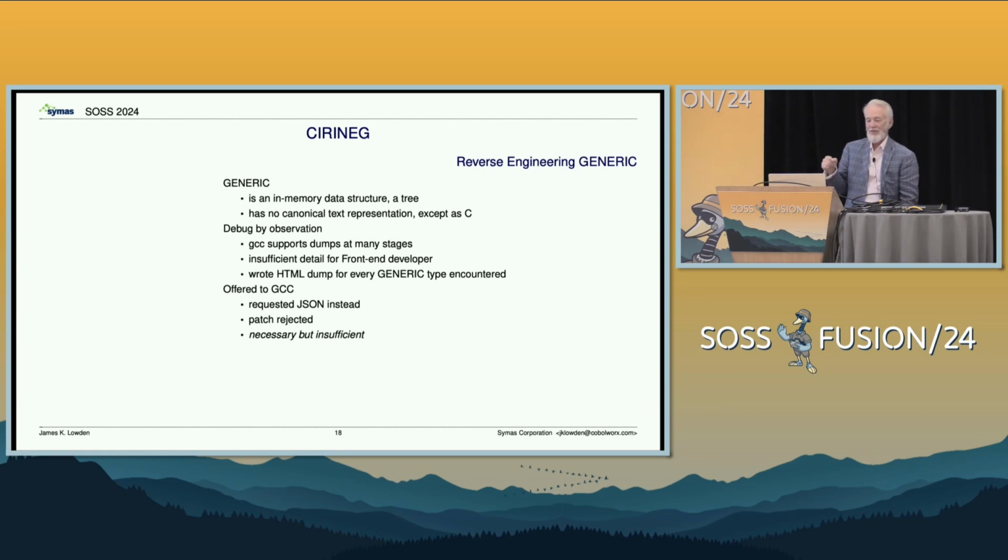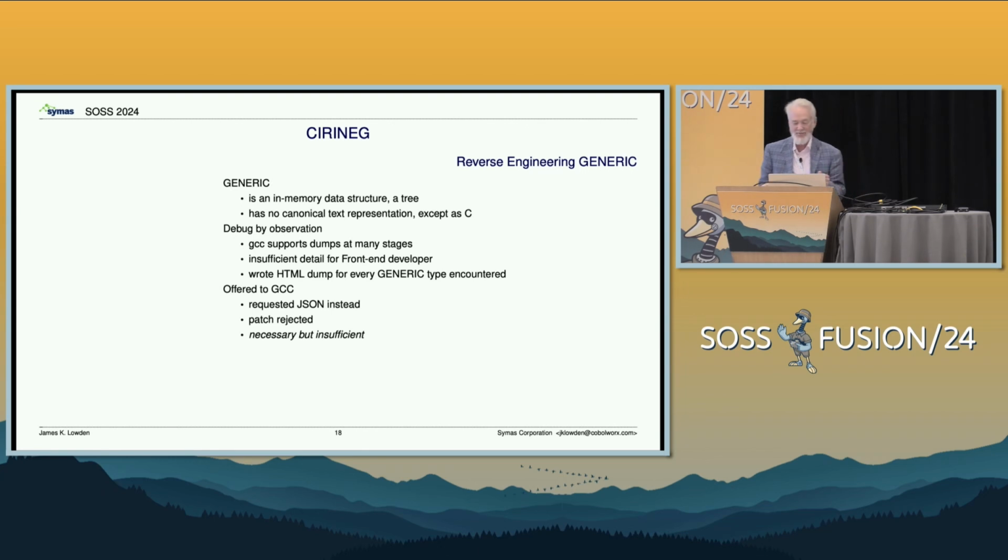To do this, Bob wrote an HTML dumper, so you get a pretty good representation of the GENERIC tree in HTML form. And it's kind of nice because he put links in so you can click and move around in it. When he offered that as a patch to GCC, sadly, they said, well, JSON would be better.